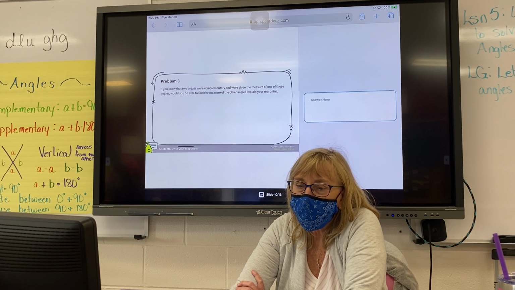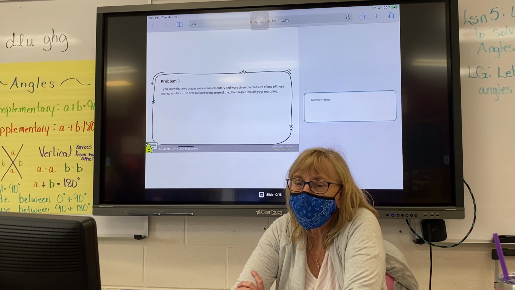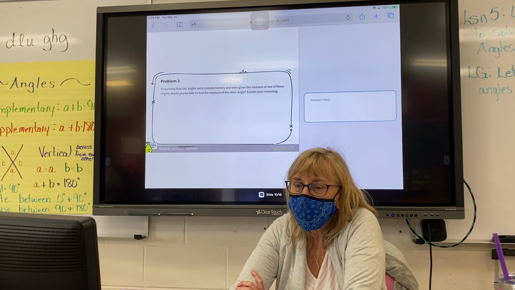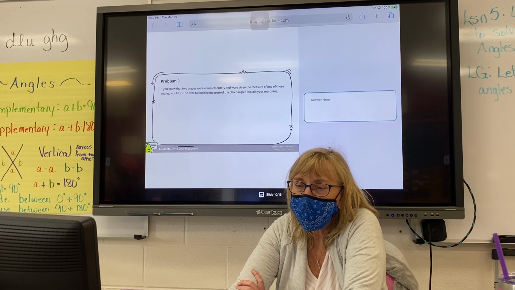Yes, because complementary means what? Added together, they equal 90 degrees. So how would you find the missing angle? Okay, good.